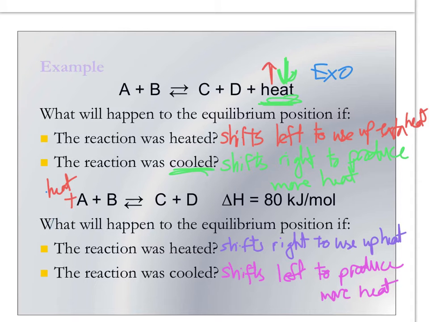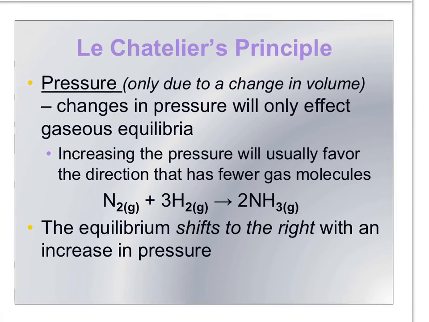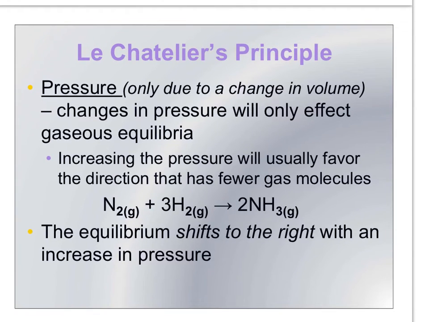One last thing that produces stress to your system at equilibrium is pressure. Pressure affects only gaseous particles, and it's only a stress if it's caused by a change in volume. So if I change my vessel volume, that changes the pressure, and therefore it produces a stress.